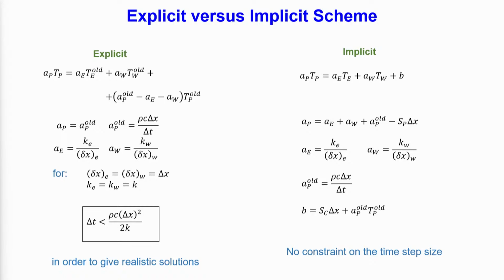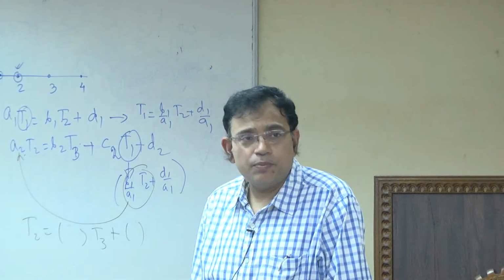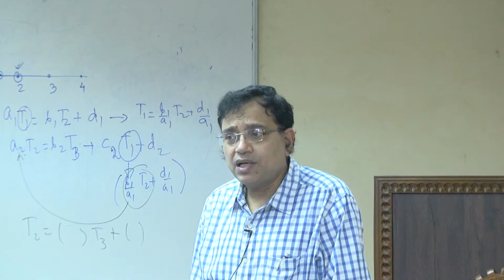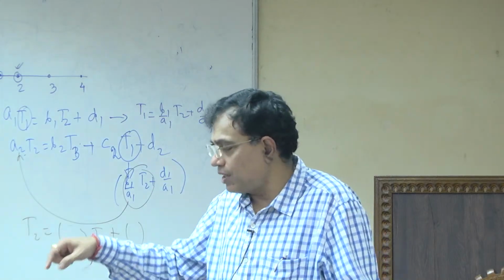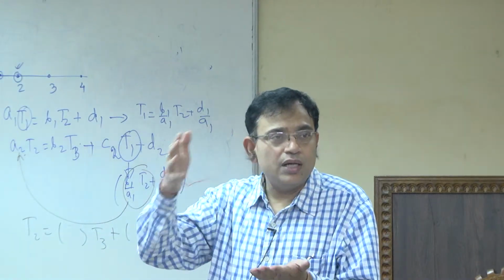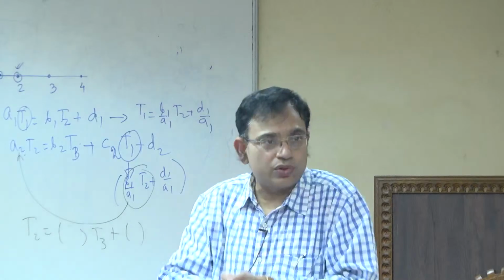If you take all the grid lengths just the same, for simple algebraic calculation, your delta T becomes less than this one. So what will happen if a coefficient is negative? What you expect is that if you increase the boundary temperatures, the temperature at that point will also increase. So, you have a point P, W and E, and if you increase the temperature, P temperature should also increase.